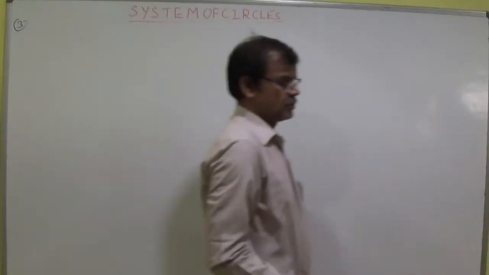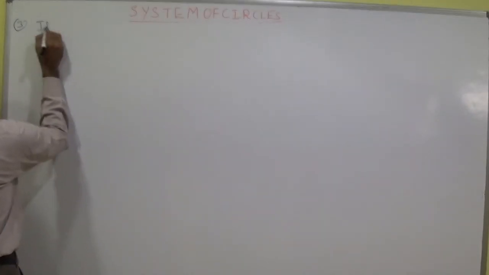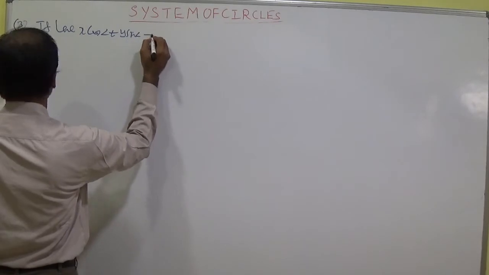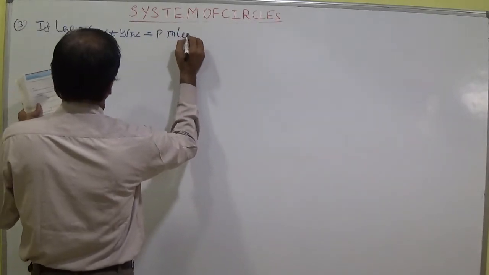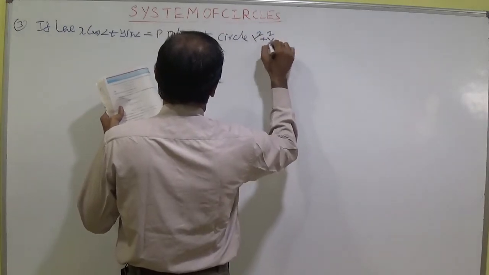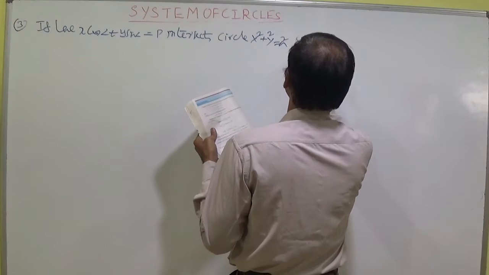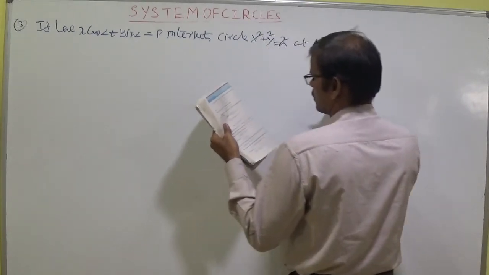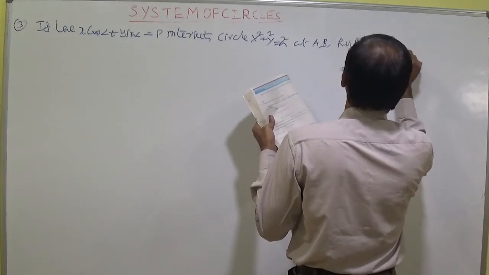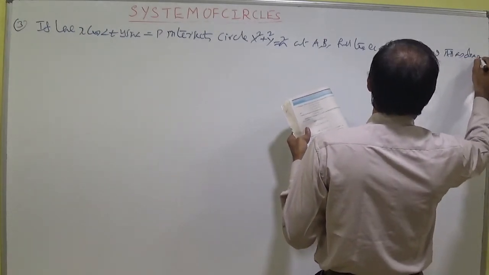Example 3. If the straight line represented by x cos alpha plus y sin alpha equal to p intersects the circle x square plus y square is equal to a square at points A and B, find the equation of the circle having AB as diameter.